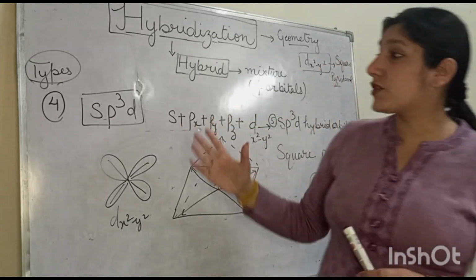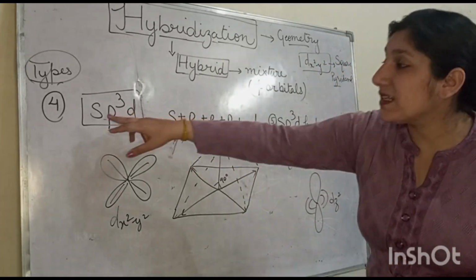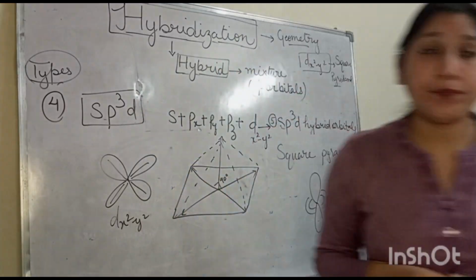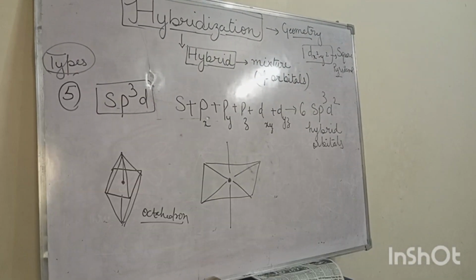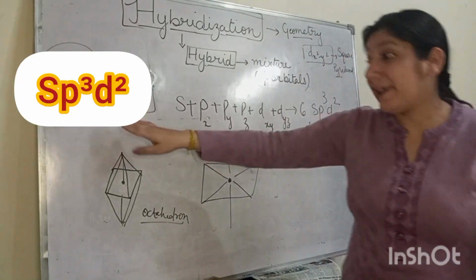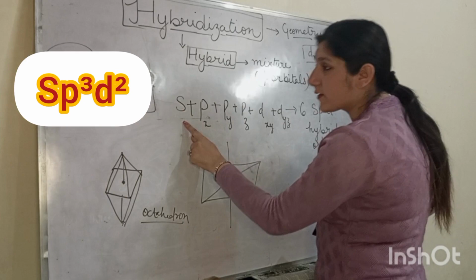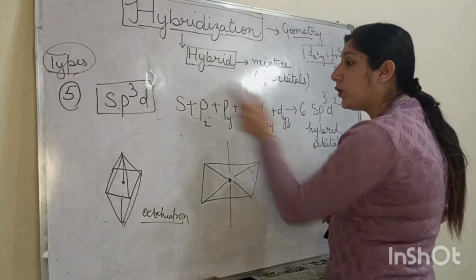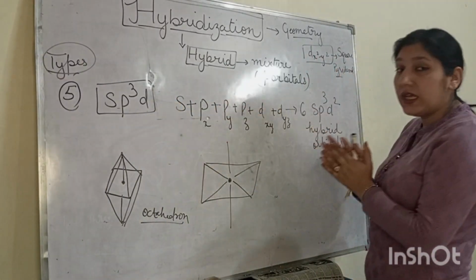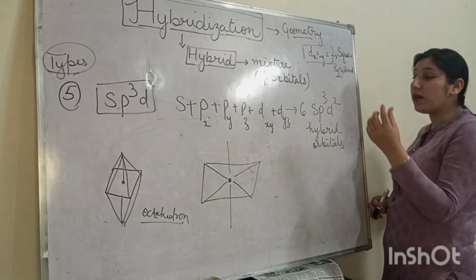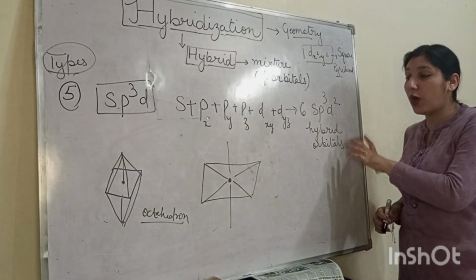Moving on to our 5th type of hybridization, which is sp3d2 hybridization. Now in this hybridization, one s orbital, 3 p orbitals and 2 d orbitals combine together to form 6 degenerate hybrid orbitals known as sp3d2 hybrid orbitals.